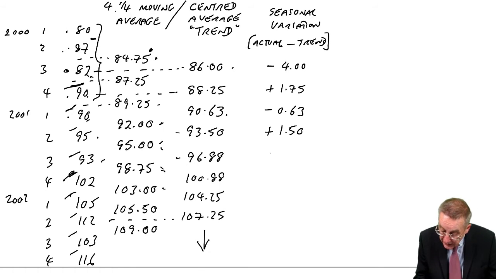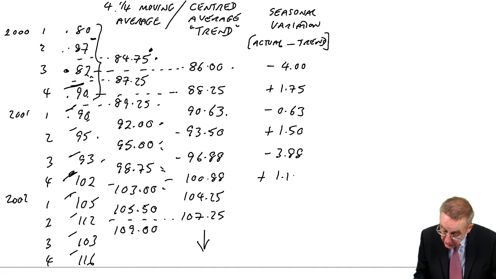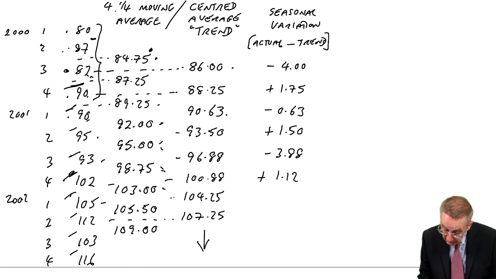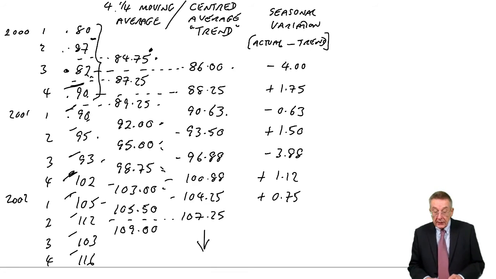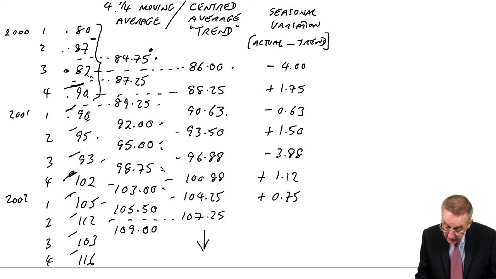The next one, we're down 3.88. Next one, we're up 102 minus 100.88. We're at 1.12. Quarter 1, we're up 0.75. And finally, quarter 2, 112 minus 107.25. We're up 4.75.